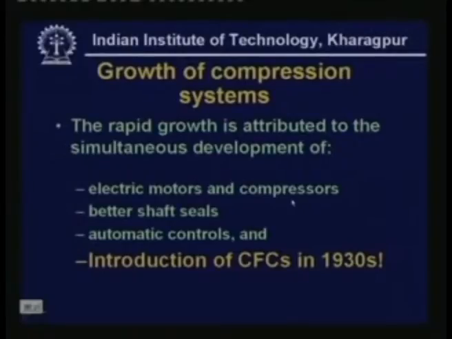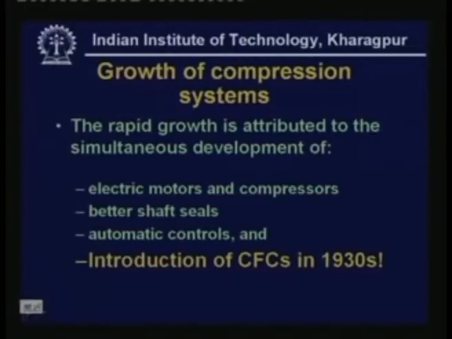Immediately after the First World War, there was a rapid growth in vapor compression refrigerant systems. This is attributed to the following factors: the simultaneous development of electrical motors and compressors, because a typical compression system requires an efficient compressor and an electric motor to drive the compressor, and you need good shaft seals, and controls are required if you want to maintain the performance.